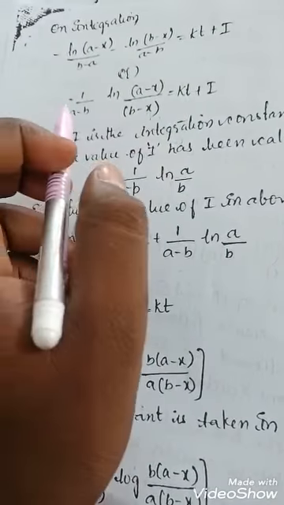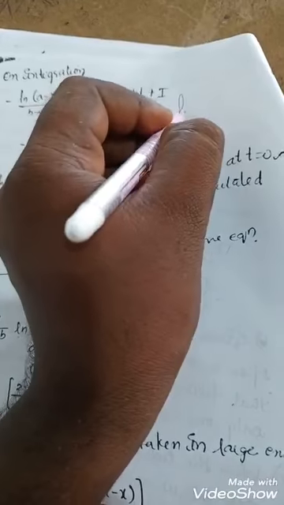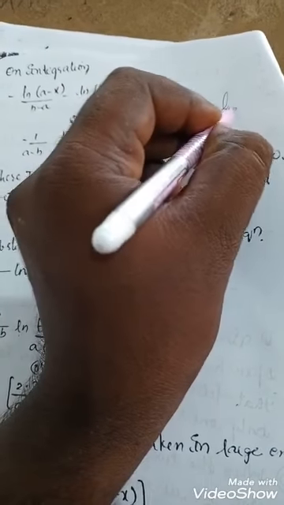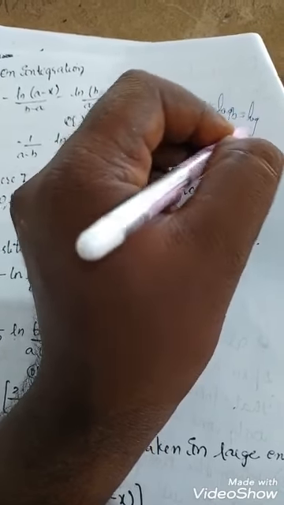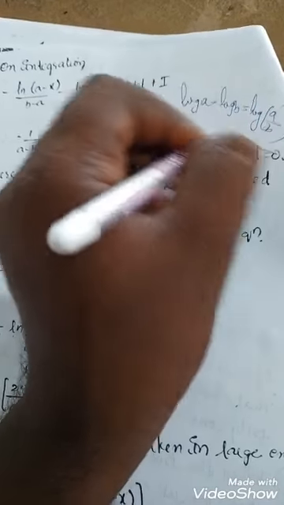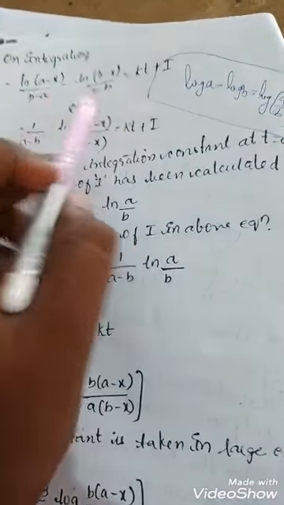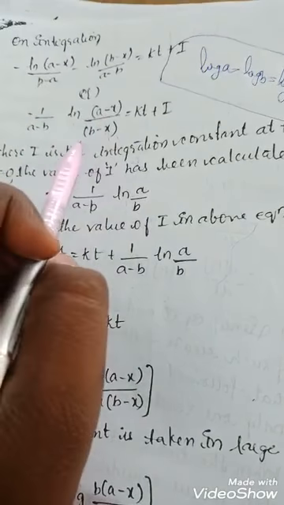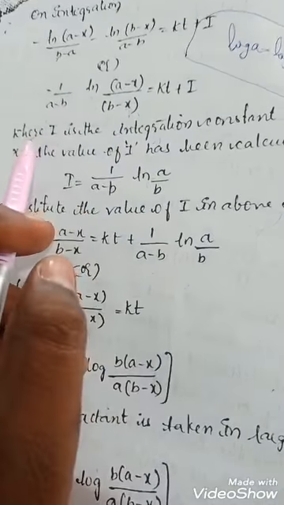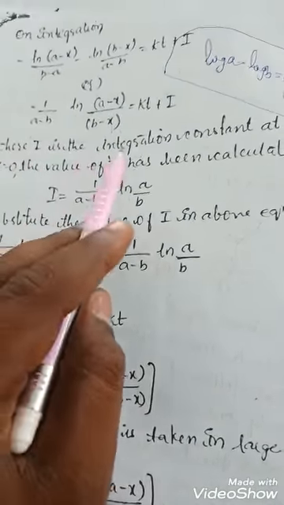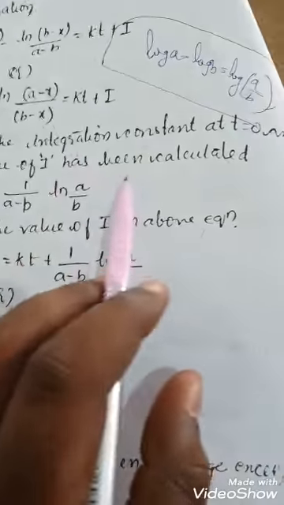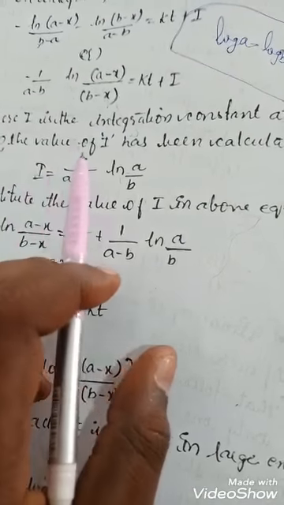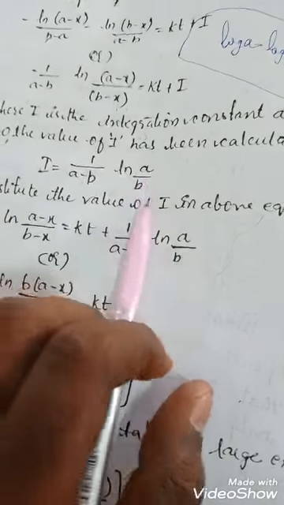So minus 1 by a minus b log a minus x by b minus x equal to kt plus I, where I is the integration constant. At t equal to 0 and x equal to 0, the value of I has been calculated. I equal to 1 by a minus b ln a by b.